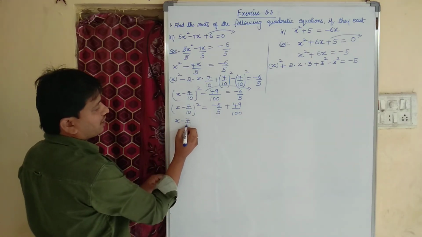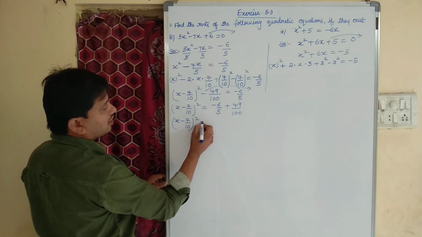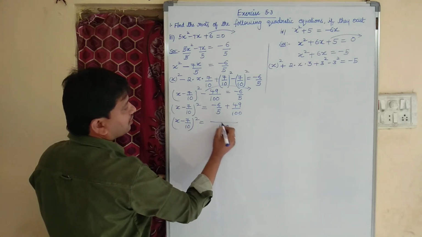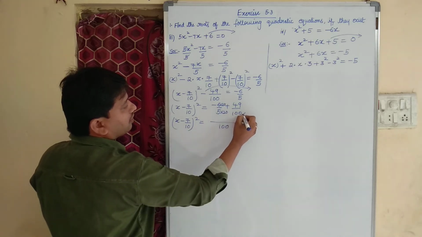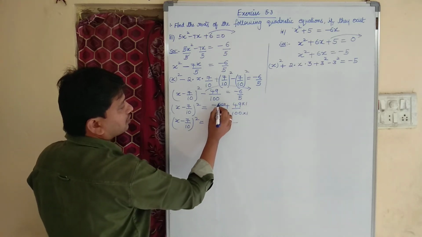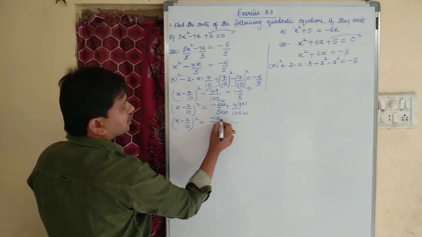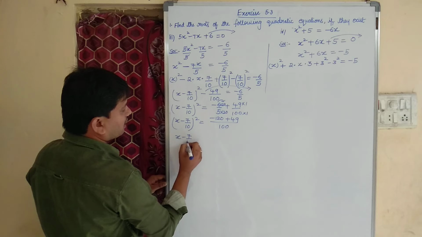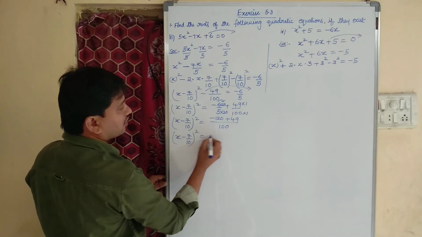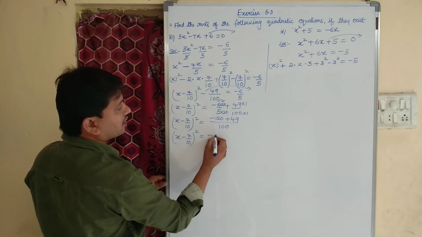x minus 7 by 10 whole square equal to, as the LCM is 100, 100 by 20 is 100 into 20 into 20. 100 1 is 100 into 1 into 1. 6 into 20, 6 20 is 120 plus 49. x minus 7 by 10 whole square equal to minus 120 plus 49.